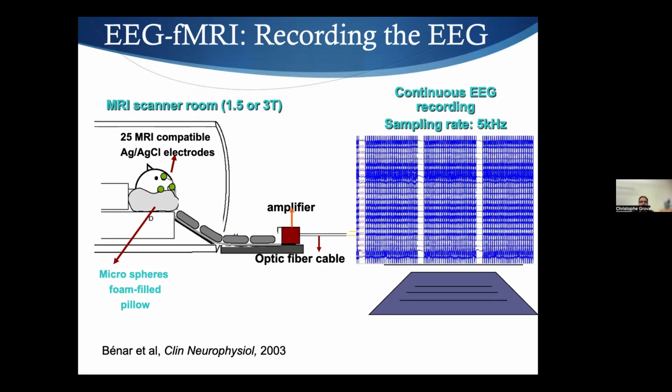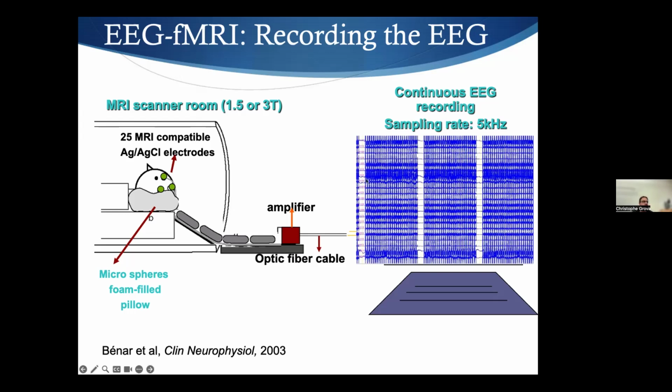So that's why you need a specific amplifier. First, you want an amplifier that has sufficient range over the time, so we don't get saturation of the signal. So you have to have a good dynamic range. And then you want a good sampling rate because you want to catch this very fast change.